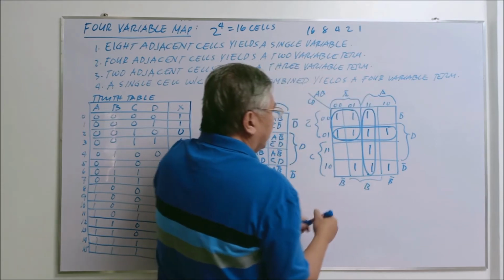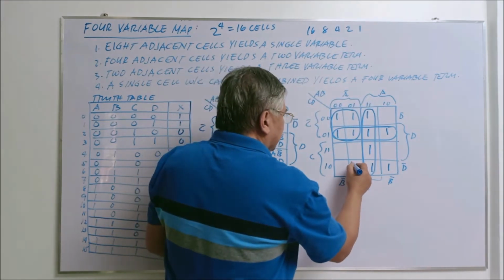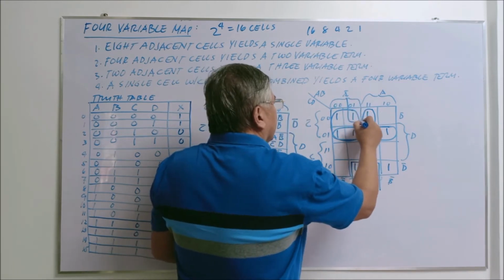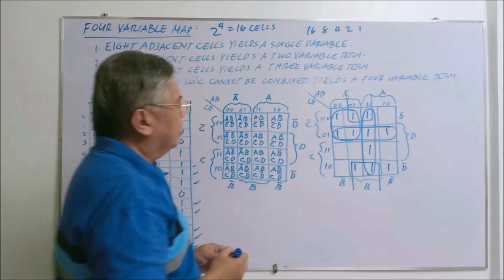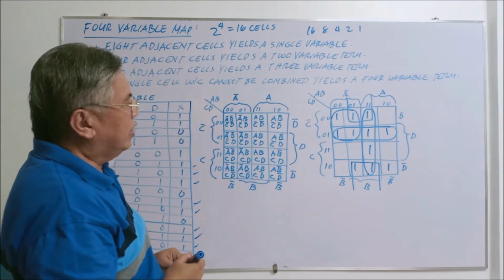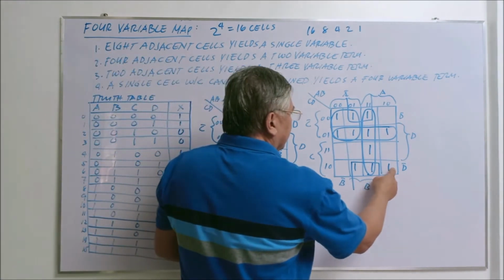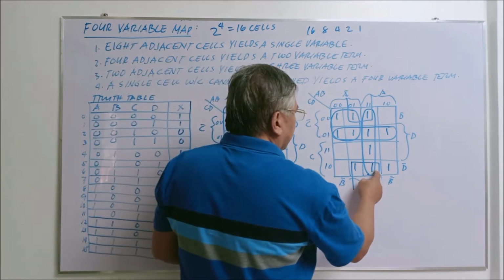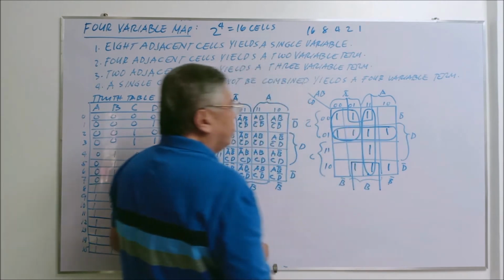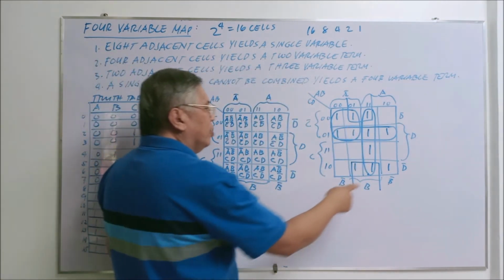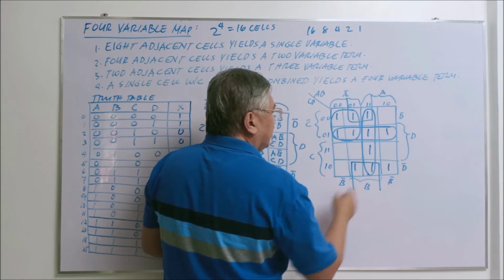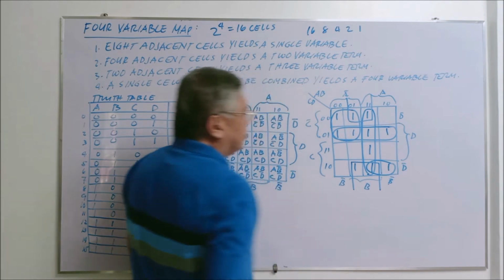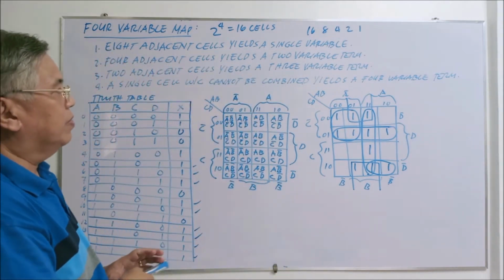Okay, so you still have 4 adjacent cells since this one here is not yet grouped, like that. Okay, and then this cell here, the remaining cell, is adjacent to the cell. So no more 4 adjacent cells, so we go to 2. This cell here is adjacent to this one, so we group them as one group. So that will be our grouping.